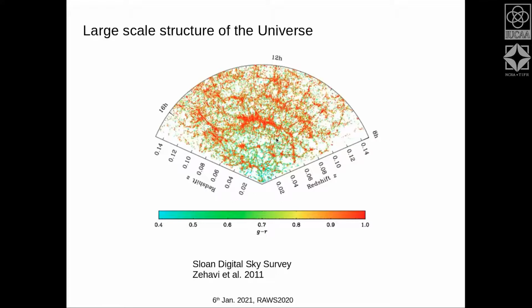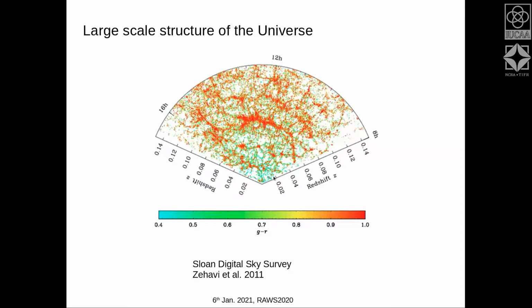So if you consider galaxies, they are not just randomly distributed across the space in the universe, but they seem to be forming these groups and structures where they are densely populated, and there are structures where they are not. So this is basically referred to as the large scale structure of the universe. And this structure is basically formed of filament-like structures, and then these voids, they are the components of this large scale structure.